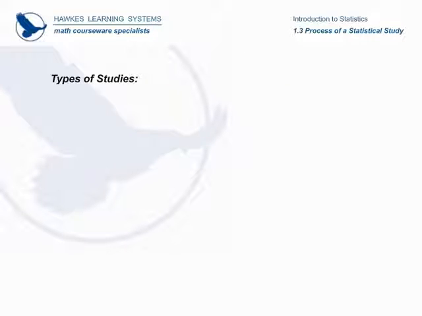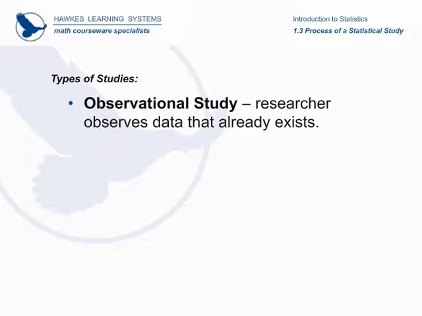Next, let's take a look at the types of studies for statistics. We can have an observational study, and that's a study where the researcher observes data that already exists. So the observer simply views and records.